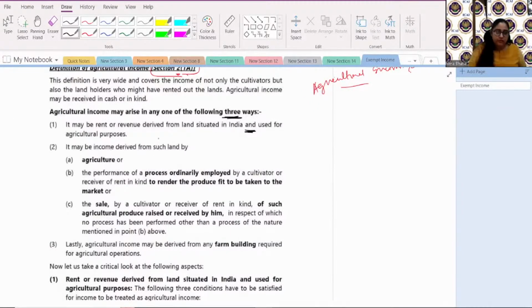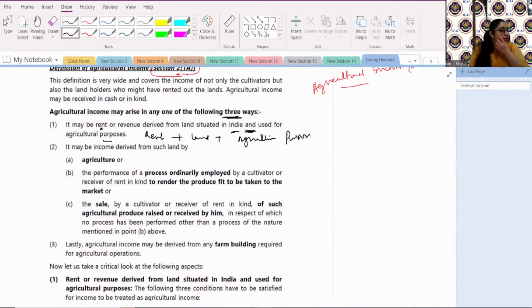So now I have to think of myself as Mr. X, who is deriving rent or revenue from a land which is in India and is used for agriculture purposes. What it's qualifying as is rent or revenue plus land in India plus the land is used for agriculture purposes, then only that rent income would be my agricultural income.